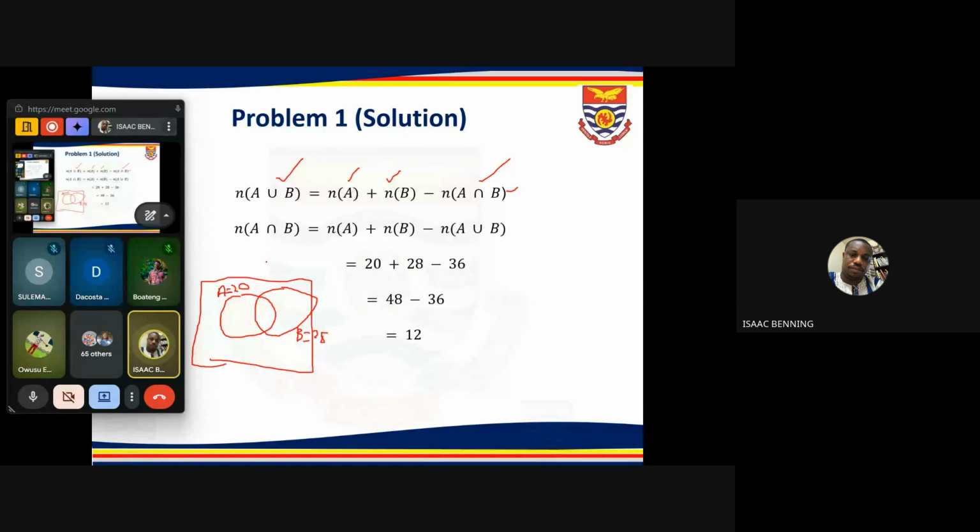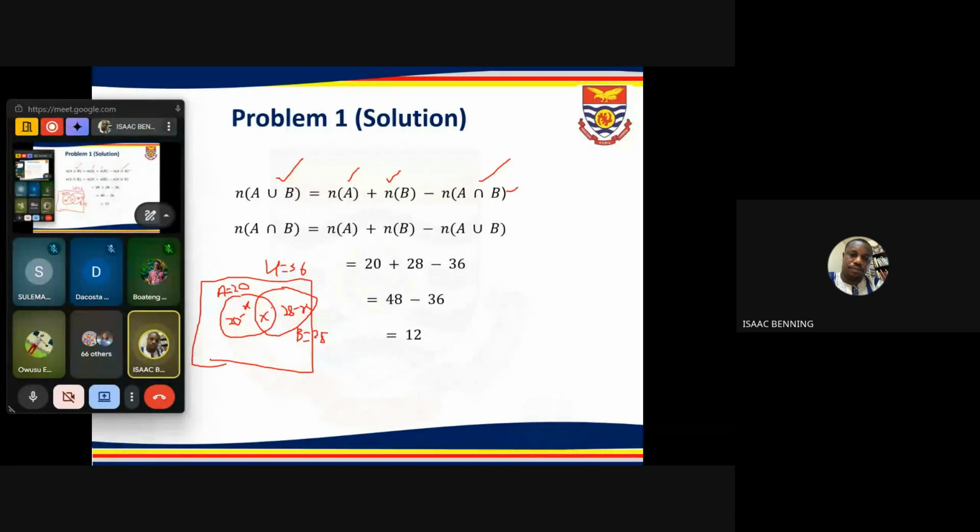Then we are given the universal to be 36. We are looking for the intersection, so you put X here. So here will be 20 minus X, remember, and here will be 28 minus X.